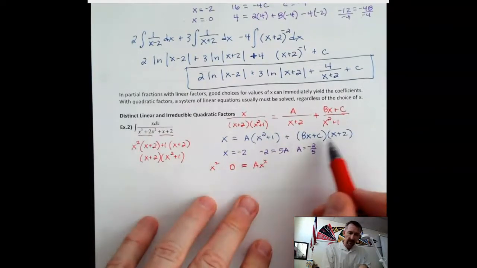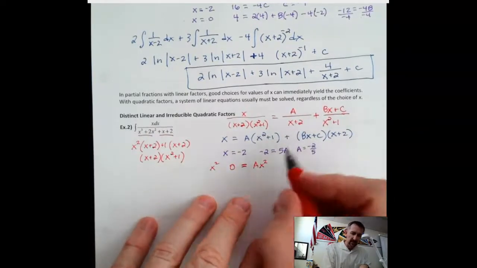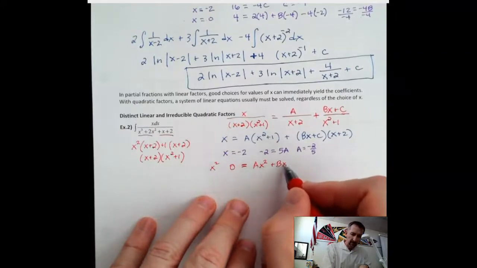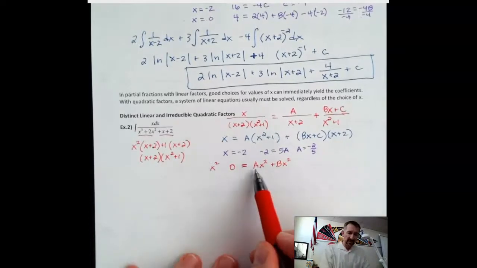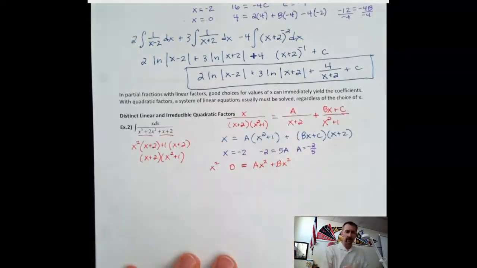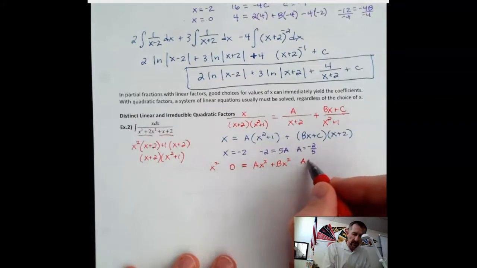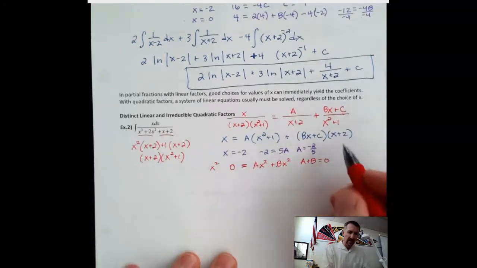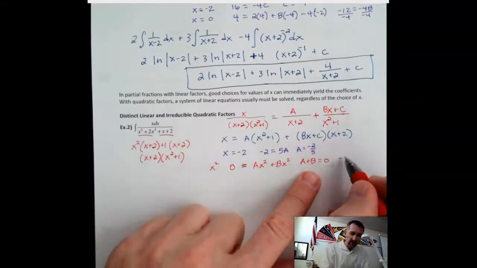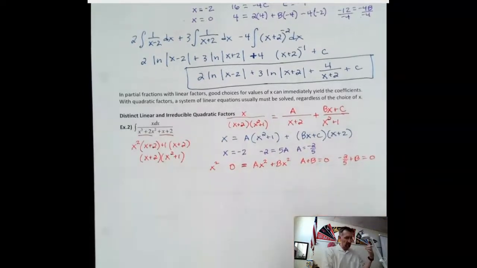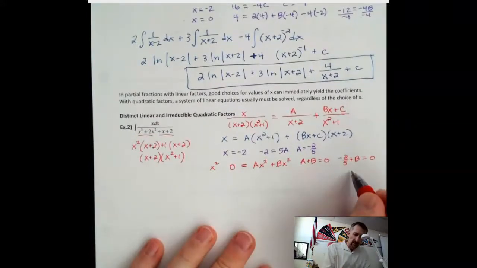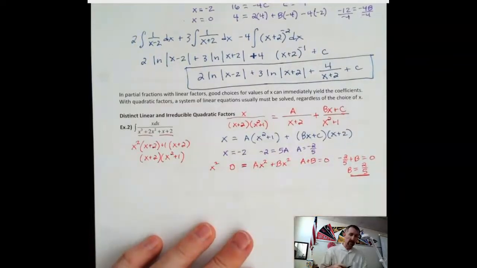And here, if I multiply this out, that's going to be bx squared. Okay? So I know that a plus b has to be 0. And I already know that a is negative 2/5. So negative 2/5 plus b equals 0, which means b needs to be positive 2/5. Okay, so we got that.